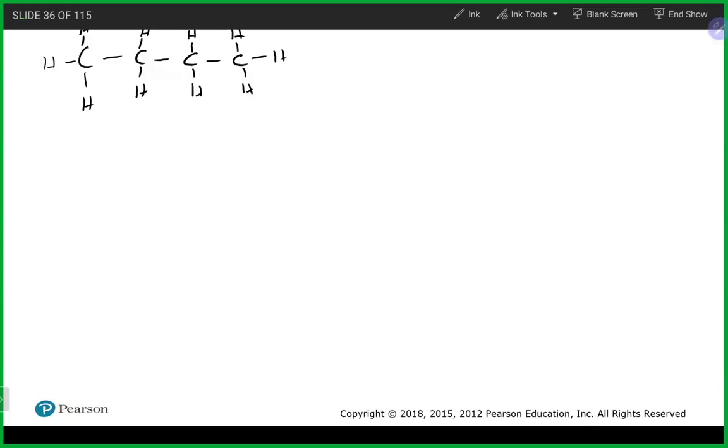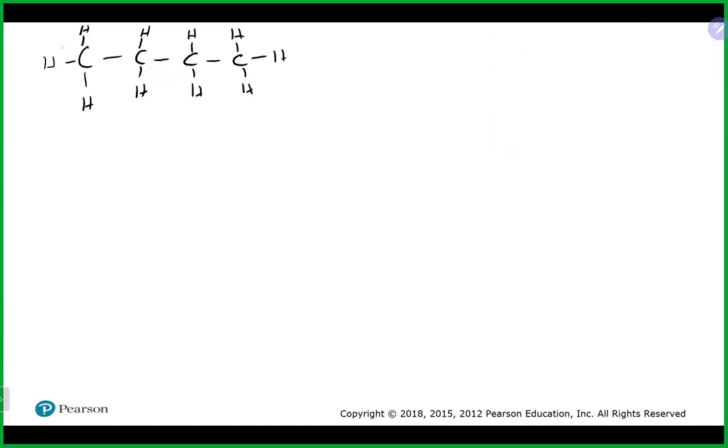So if we take a closer look at that second guy, when we go to name this, again, the longest carbon chain for the first one is just 4 carbons straight back to back, which gives us our butane that we saw. When we look at the other one that we had drawn, we have this.